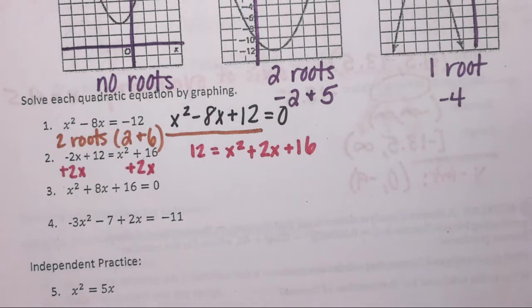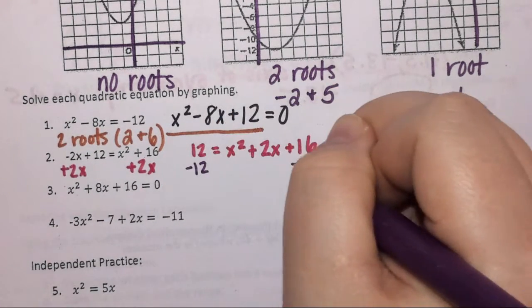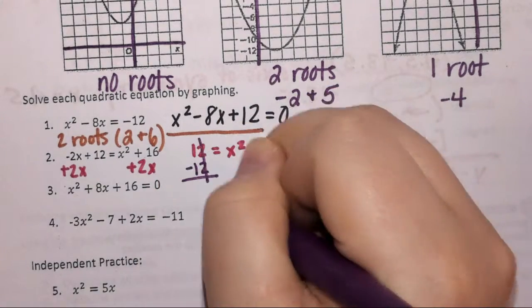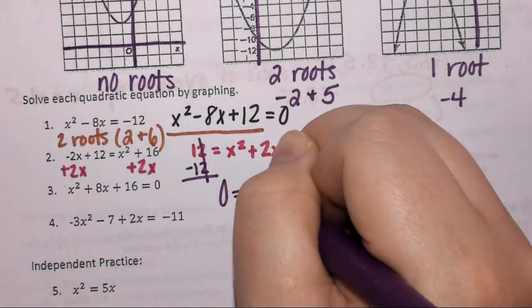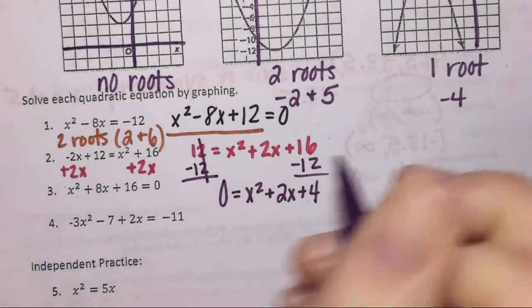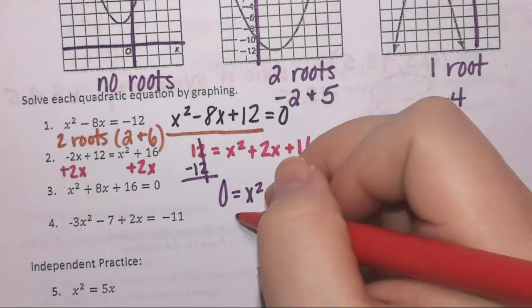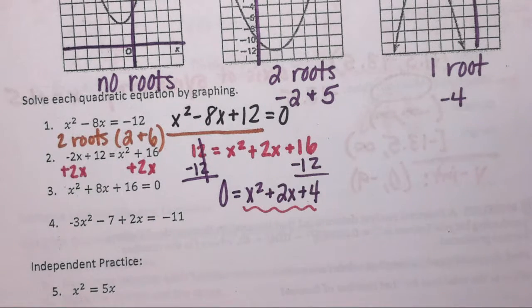But I'm not done because of that 12. So I've got to subtract 12 from both sides. And I have 0 equals x squared plus 2x plus 4. When I put it in my calculator, I need to only put the x squared plus 2x plus 4.